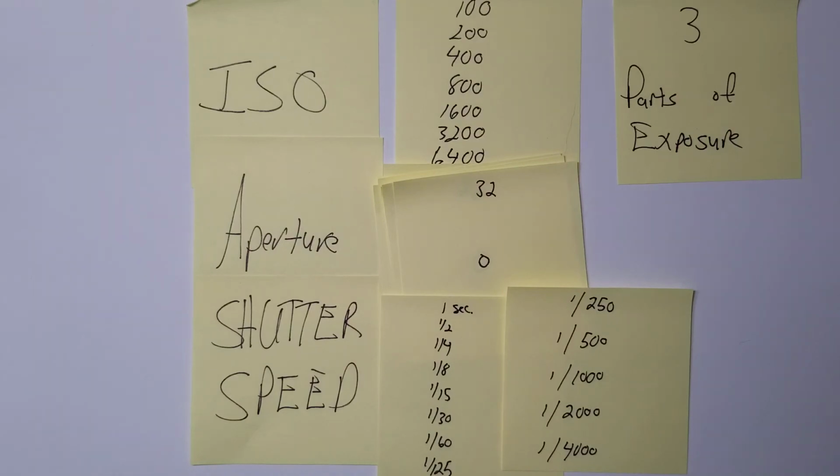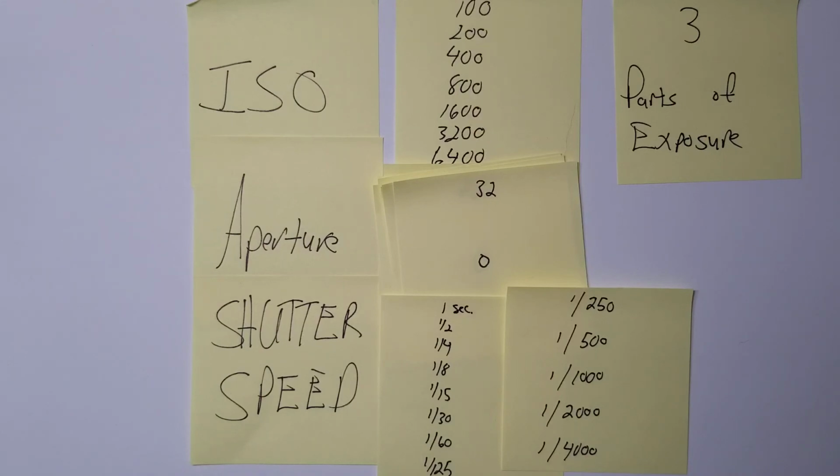Now, all of this depends on how much light you have, okay? So if it's bright outside, you're at ISO 100 and you're at f8, right? You're probably gonna be somewhere around 250, 500th of a second, somewhere in there, just sort of assuming, right? If you then walk inside and none of the lights are on in your house, you're immediately probably going to need to go to 1600 at f4 and probably around 60th of a second.